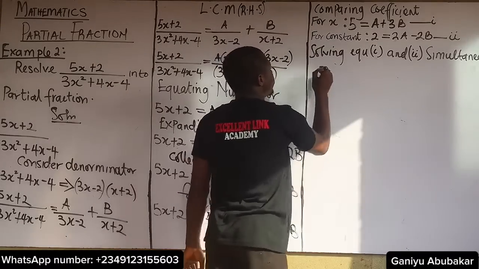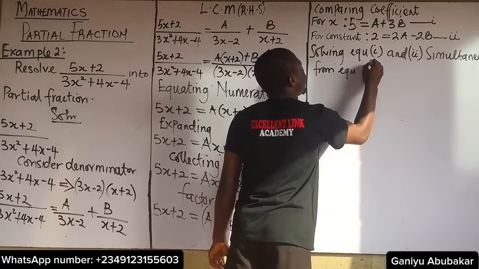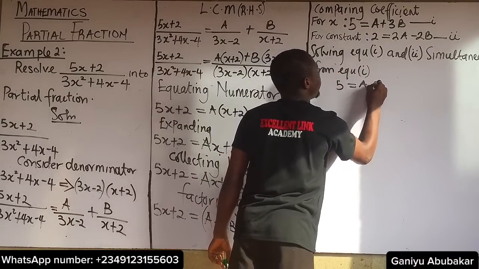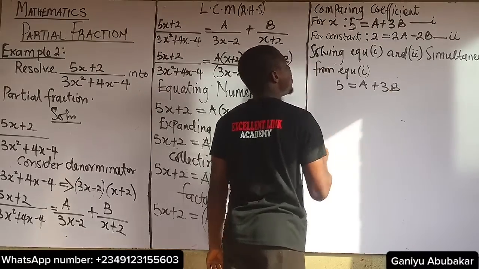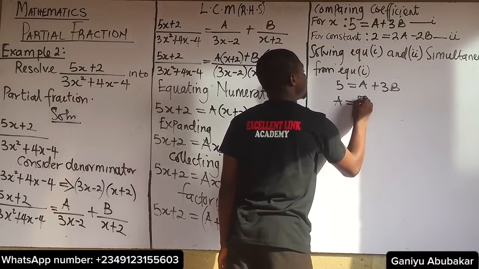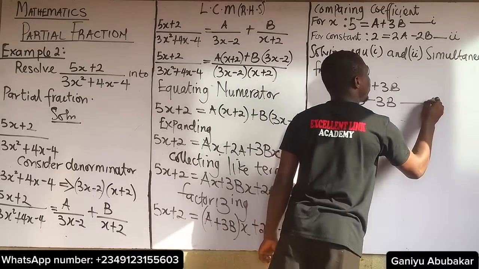Start from equation 1. From equation 1, what do I know? I know that 5 is equal to a plus 3b. So make a the subject. So a will be equal to 5 minus 3b. Call this equation 3.